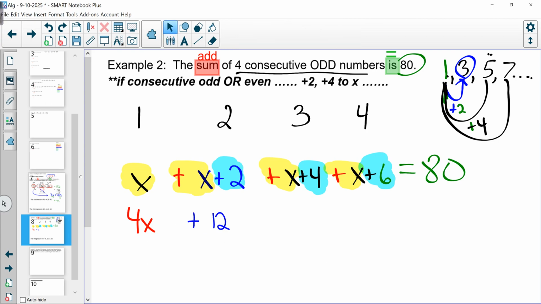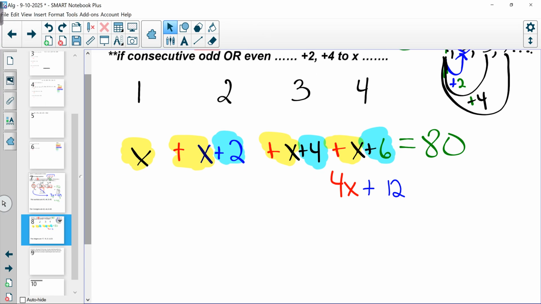Now, a lot of times I have it to where I'm like, hey, put it underneath the first term that you used. But could we just slide that one on over and have it close? Could we have this close to the 4x if we wanted to? In fact, can I just slide this on down here and get that close to my equal sign? That way it's a little more manageable.